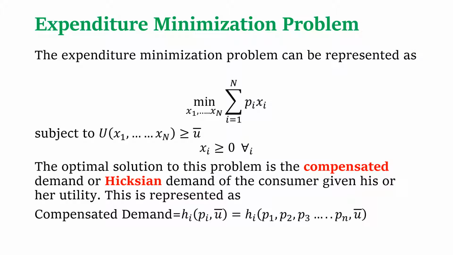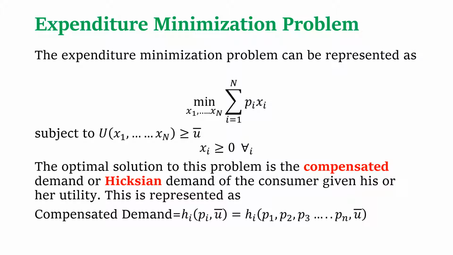The compensated demand function expresses the quantity demanded as a function of the prices and the targeted utility. So assuming that this consumer consumes n commodities, the compensated demand function becomes h_i(p1, up to pn, and U bar), where U bar is the target utility.